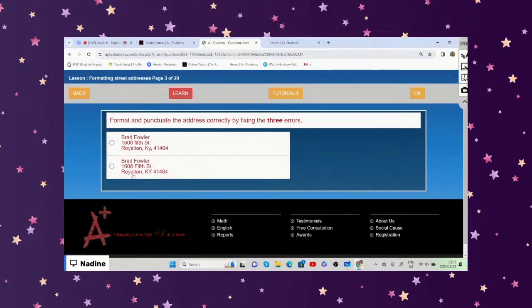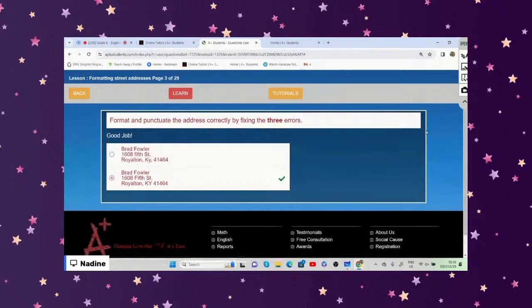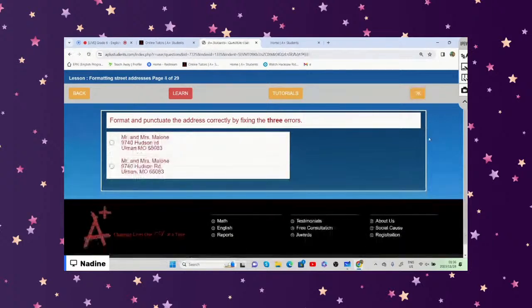And then we have the zip code. So we're going to choose the second one in order to fix those three errors. And the second one is correct.